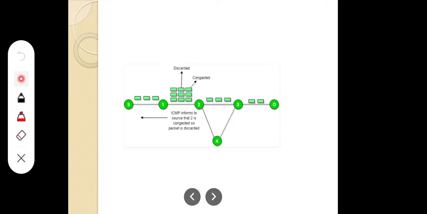Why discard? Because it has a queue that can accommodate only 3 datagrams, but 9 datagrams are coming. So the rest of the 6 datagrams will be discarded by router 2. Such a message is transferred to the source.